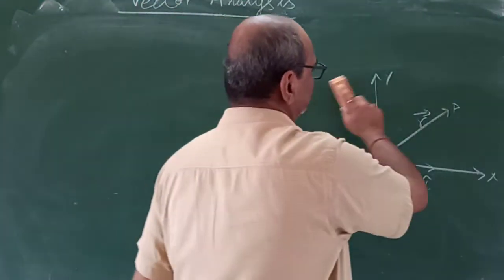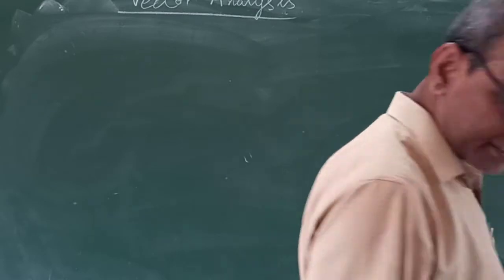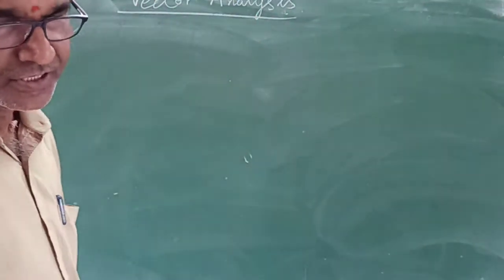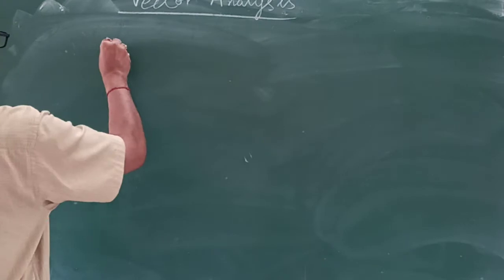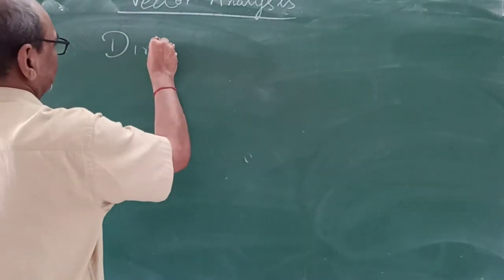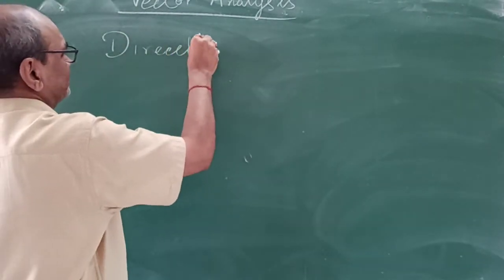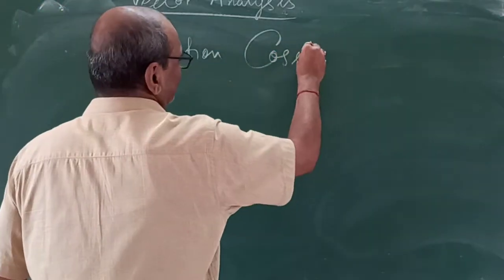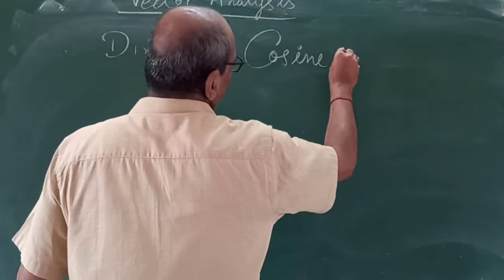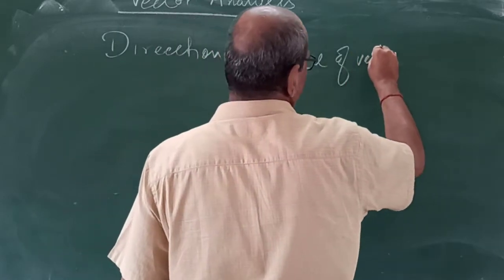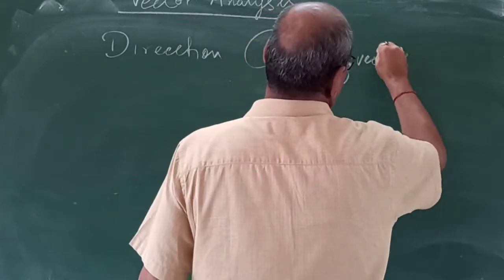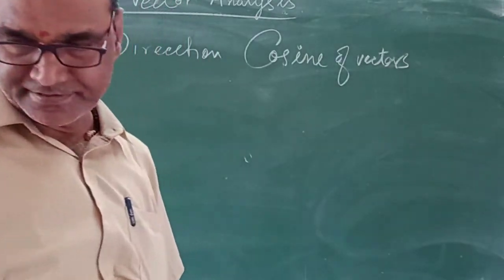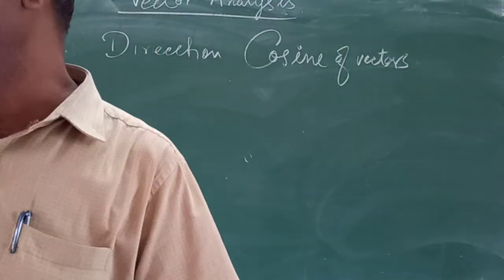We obtain all the things in terms of cos. Therefore, we say here direction cosine of a vector.